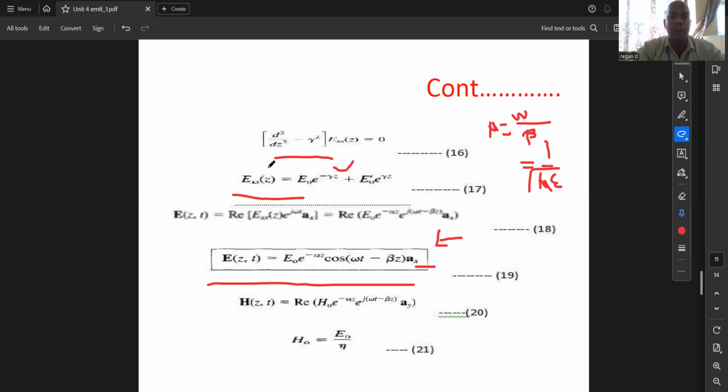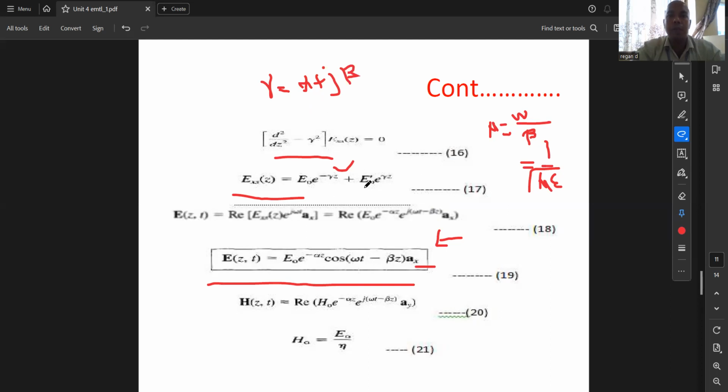So the electric field in the z direction is equal to E naught e power minus gamma z. Gamma, we know, is the propagation constant, which can be written as alpha plus j beta. So substitute this into this.